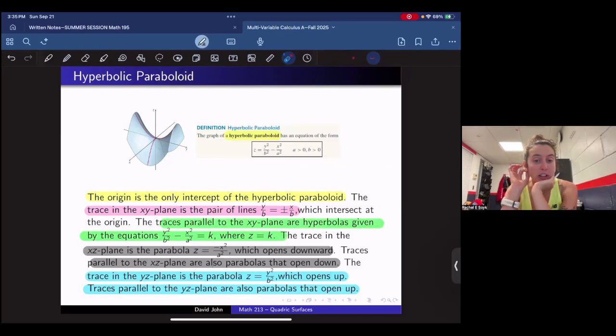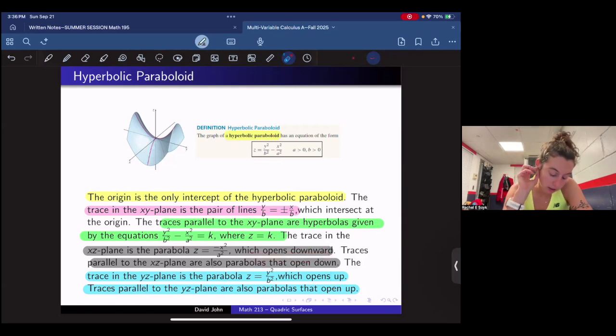The traces parallel to the xy plane are hyperbolas given by the equations y squared over b squared minus x squared over a squared is equal to k, where z is equal to k. And then the trace in the xz plane is the parabola z is equal to negative x squared over a squared. So our xz plane right here, we have the parabola taking place right there, and it's opening downwards.